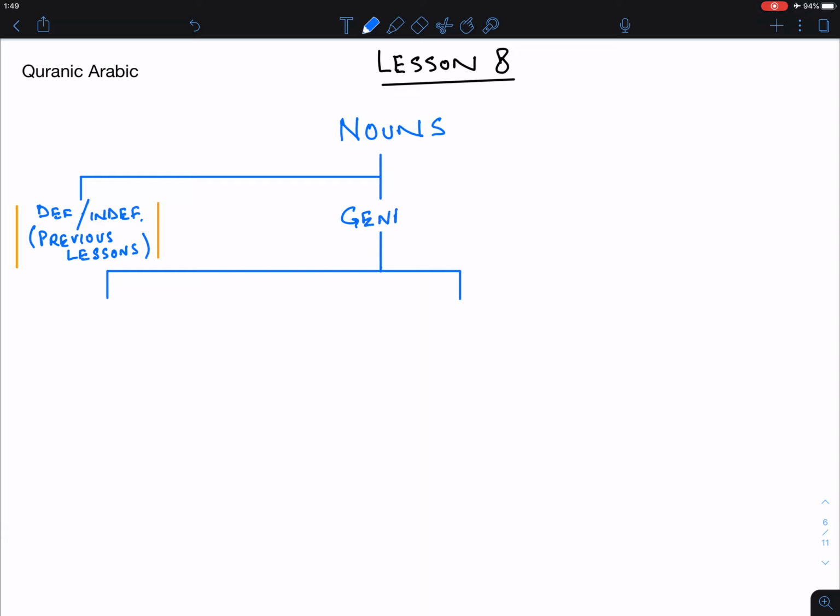The gender in the Arabic language is divided into two: masculine and feminine.